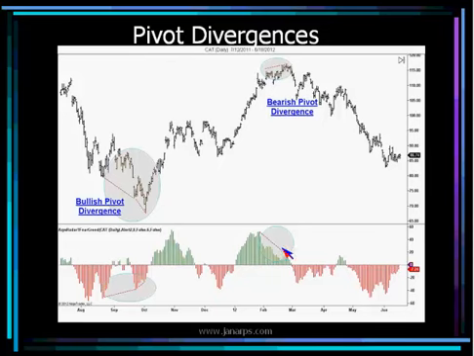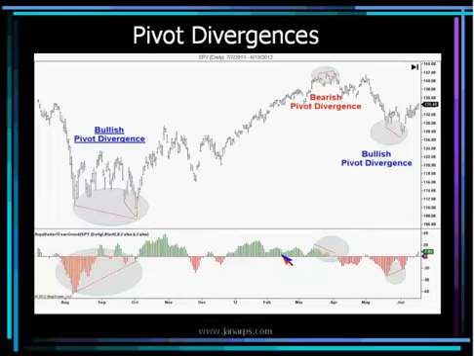So as you can see, the bulls weakening at this point in time. There's not much more demand. The buying is kind of petering out, and so pretty soon there's going to be more supply than demand, and that's going to mean price is going to go down. So that's why we use the Fear Greed indicator as a good tool, especially for identifying pivot divergences.